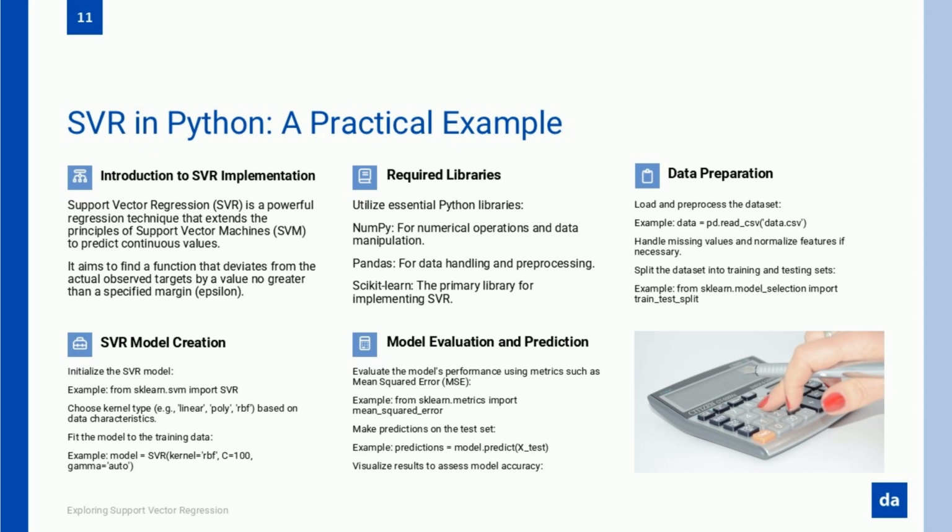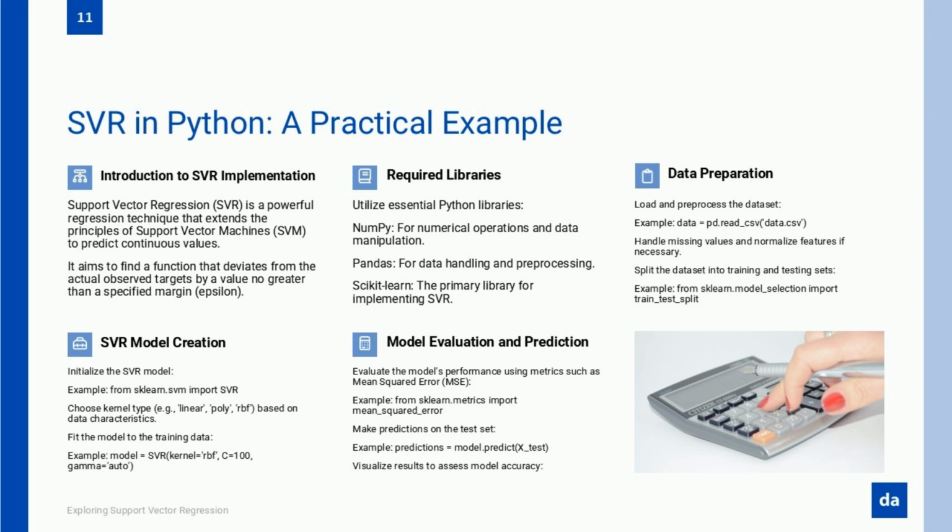Mean squared error, MSE, helps us measure the average squared difference between the predicted and actual values. A lower MSE indicates better predictive accuracy. We also calculate R squared, R2, to determine how well the model explains the variance in the dataset. If the results aren't satisfactory, we fine-tune the model by adjusting hyperparameters like C, Epsilon, and Gamma, or by trying different kernel functions.